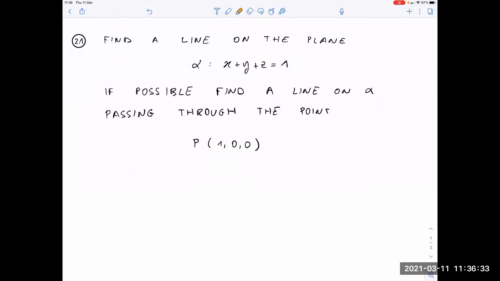The first is to find a line on this plane. The second is to find a line on this plane going through this precise point. So this is a two-question exercise, and we have to go through this by finding first any line on plane alpha, and then finding a line doing something that we would like the line to do.